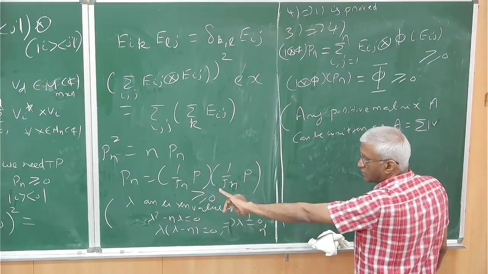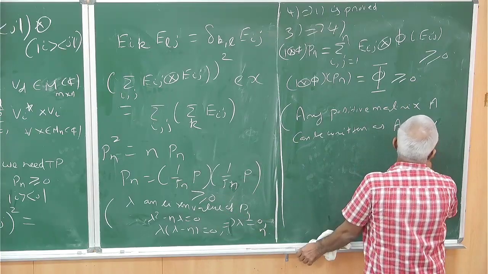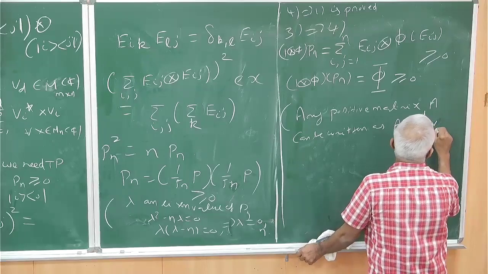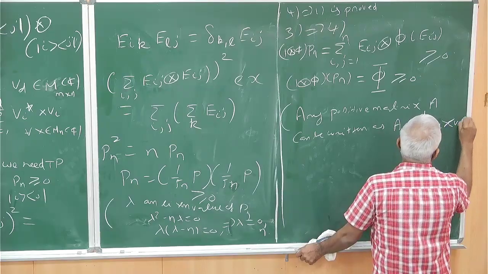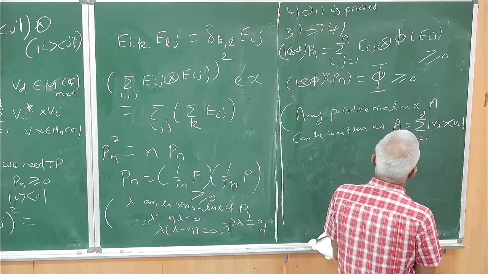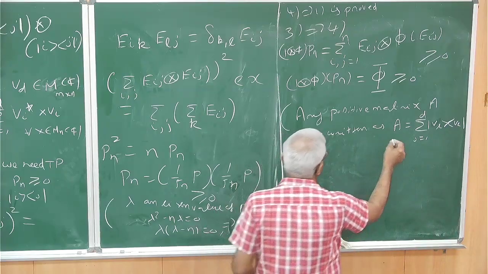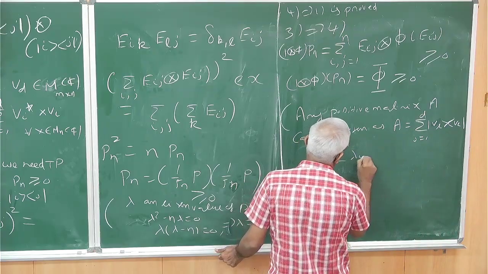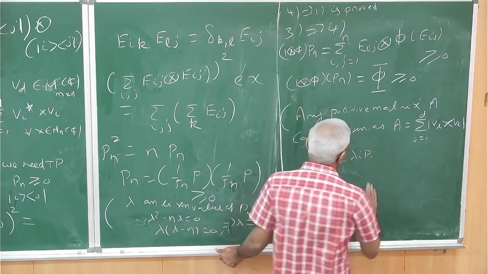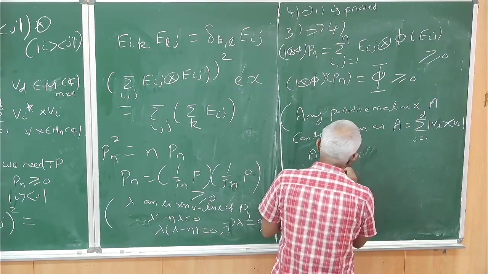over j equal to 1 to d of v_j v_j star. So we need up to d. The reason is, if A is positive, it can be written as summation lambda_i times the projection onto E_i. In particular, you can repeat the lambda; this is with respect to distinct lambda, but you can repeat the lambda.